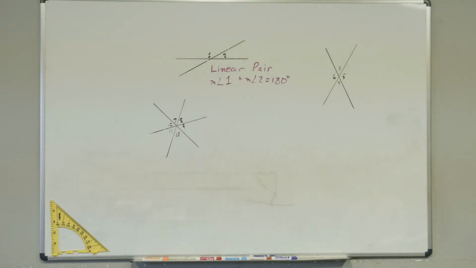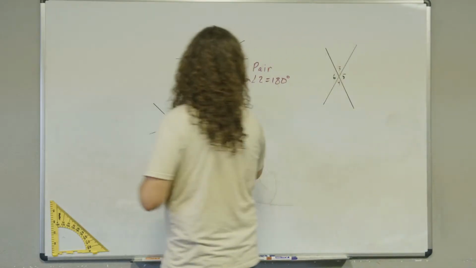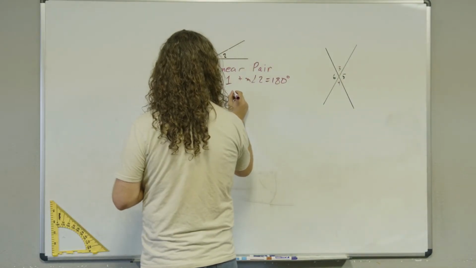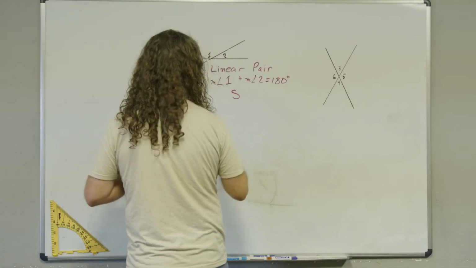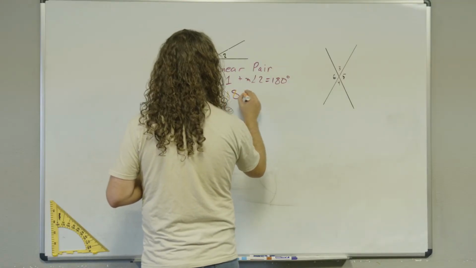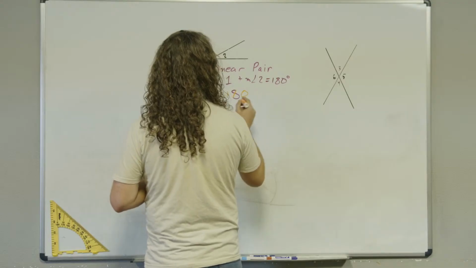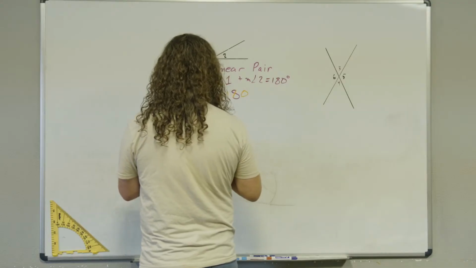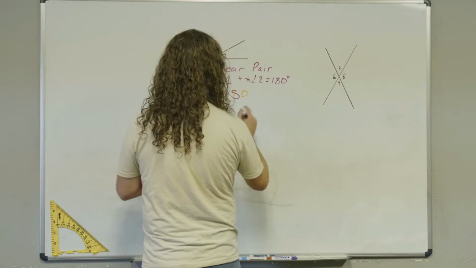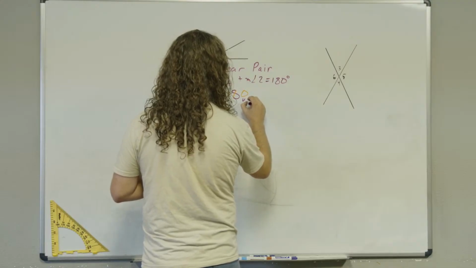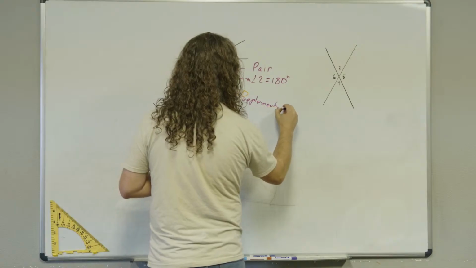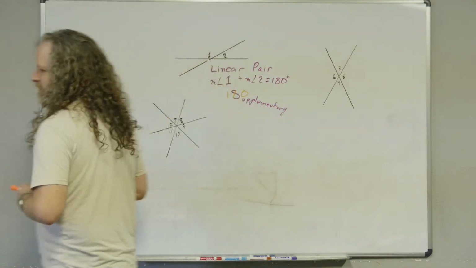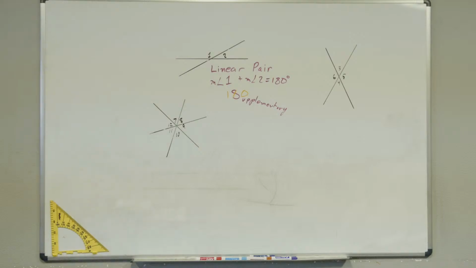They are supplementary. Remember, you can help remember that by S for supplementary, which makes an 8. That's true. Linear pairs are supplementary.